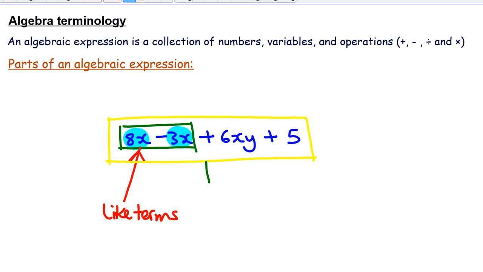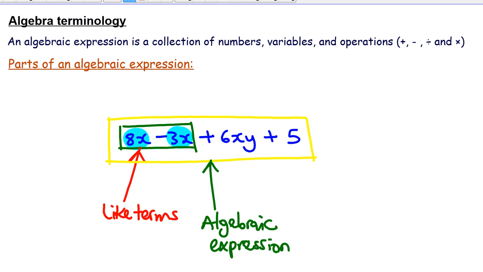Let me write it properly: algebraic expression. Basically, an algebraic expression is a collection of numbers, variables, and operations. We don't have an equal sign, all right?